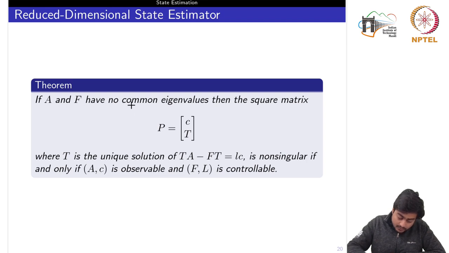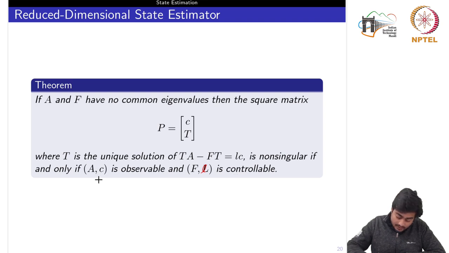If A and F have no common eigenvalues, which we have already ensured in the design step by selecting the F matrix in such a way that both matrices do not share the same eigenvalues, then the square matrix formed by combining the output matrix C and the T matrix, where T is obtained by solving the Lyapunov equation, is non-singular if and only if the pair A comma C is observable and the pair F comma L is controllable.